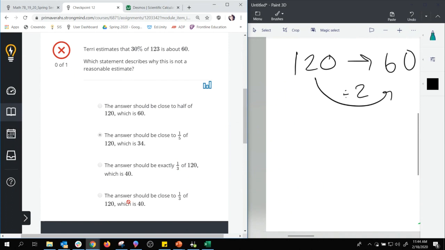The answer should be close to 1/3 of 120, which is 40. The reason we want to pick the answer choice that says the answer should be close to 1/3 of 120, which is 40, is because the original number in our problem is not 120. It's 123, right? So this isn't going to be exactly 40, but it should be close to it because our original number is close to 120.